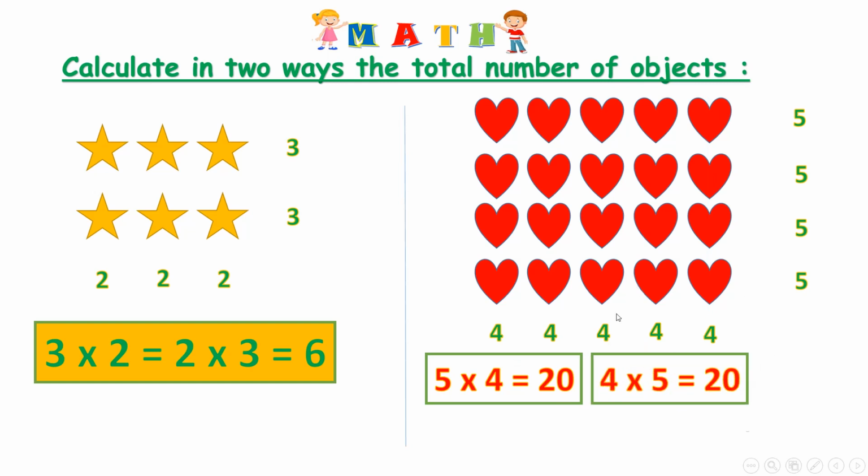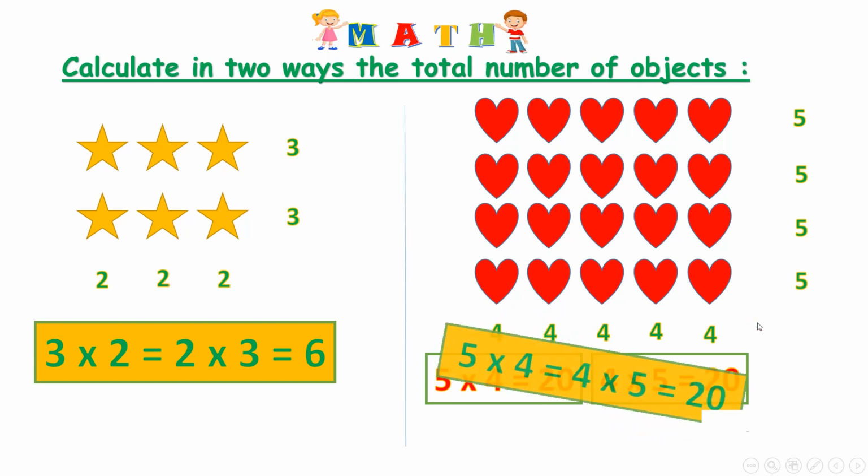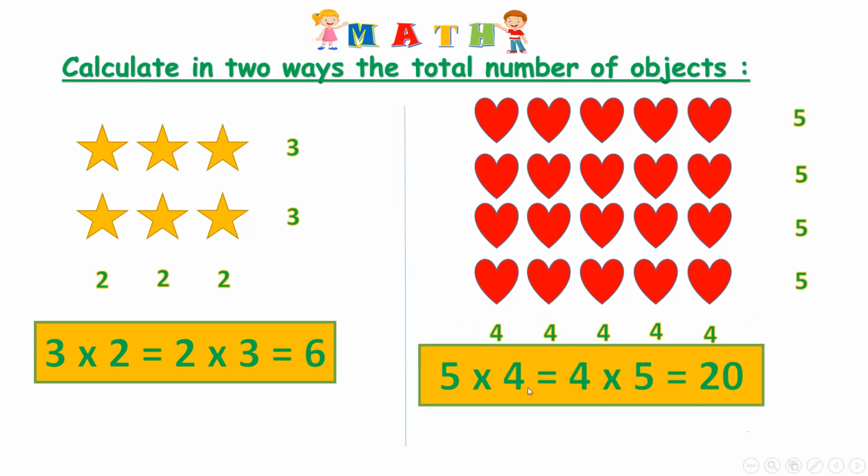Now to sum up here, I say that 5 times 4 is the same as 4 times 5, which is equal to 20. Okay? So it's okay if I say that to calculate these hearts, it's 5 times 4. And if you say it's 4 times 5, it's also correct. Okay?